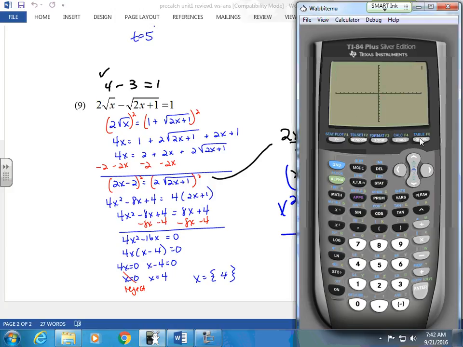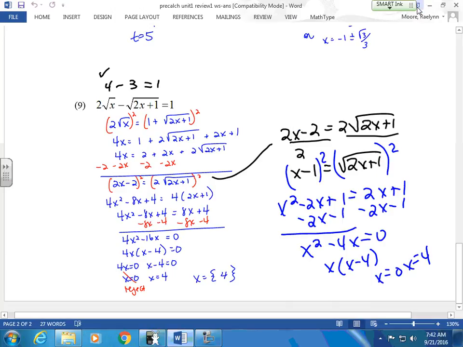Where they cross has to be your solution. So look for where they cross. And it's going to only touch it once, and it's going to cross at the 4. See it? It's a nice way to check your answer. I mean, this one wasn't too bad, but... Are we okay with this? Yeah. All right.